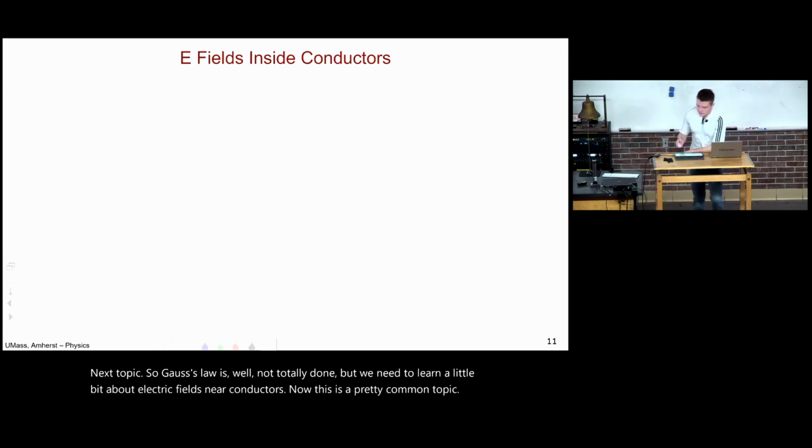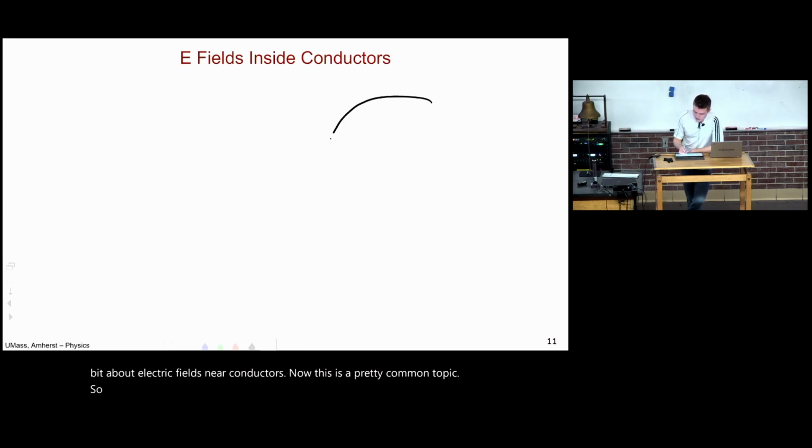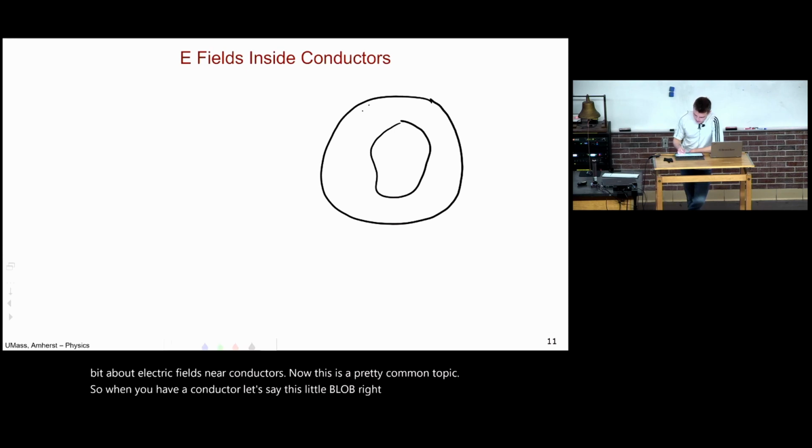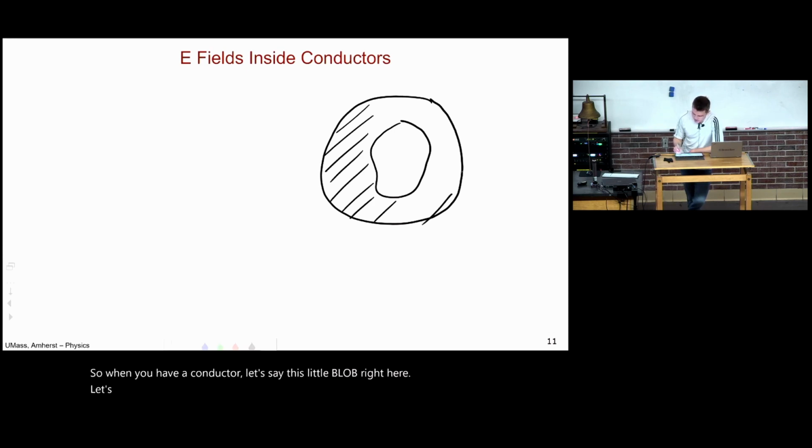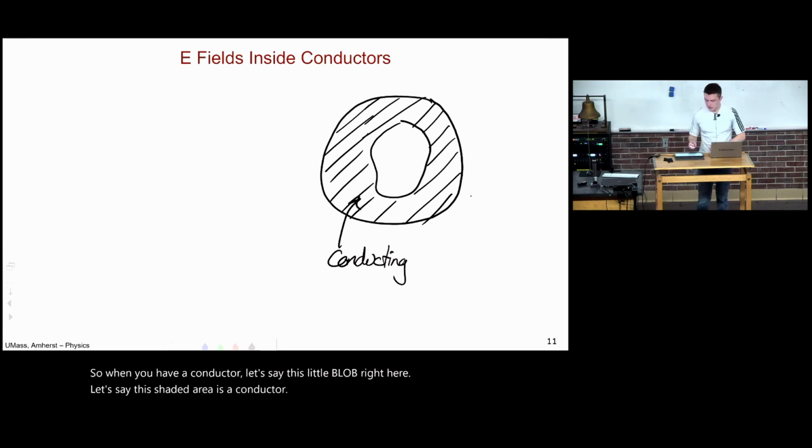When you have a conductor, let's say this shaded area is a conductor. There's a general principle that you'll just kind of want to memorize for now, but you can understand why later.